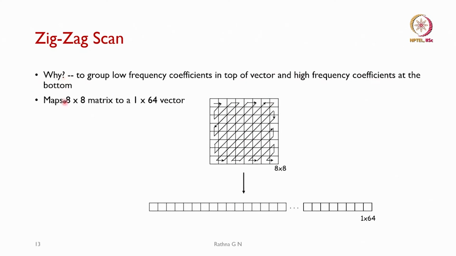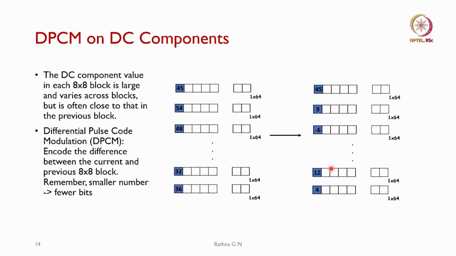This maps the 8 by 8 matrix into a 1 by 64 vector. As you have seen earlier also, higher values were for the DC coefficient on top, and after that it decreases. This is how we put it in our zigzag scan and put the values of the bits here.